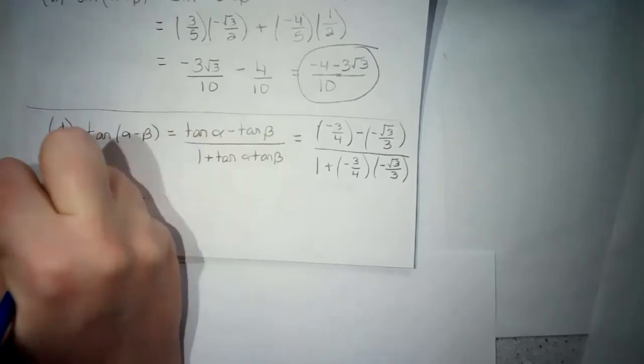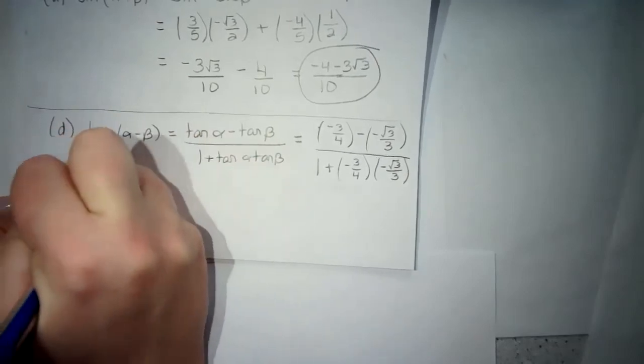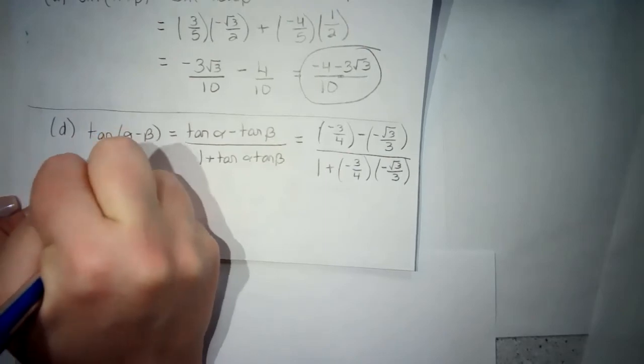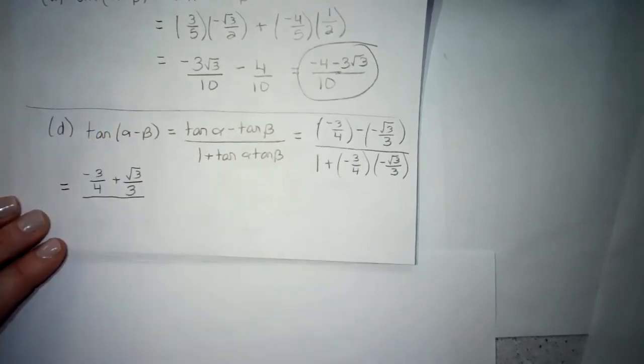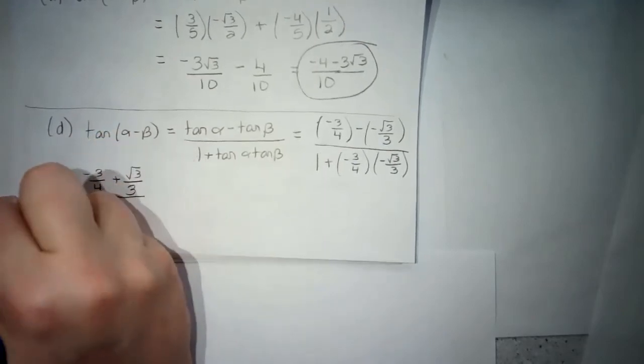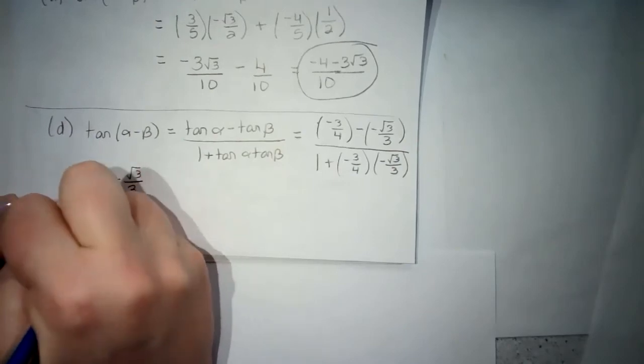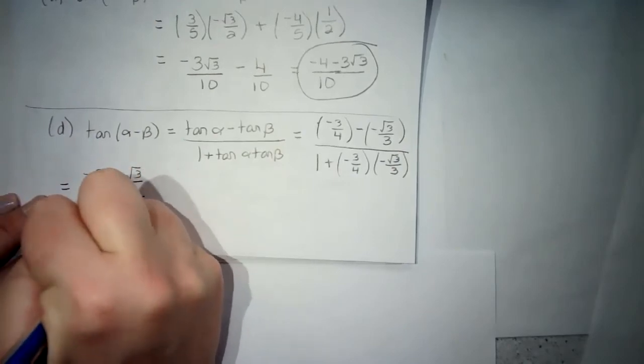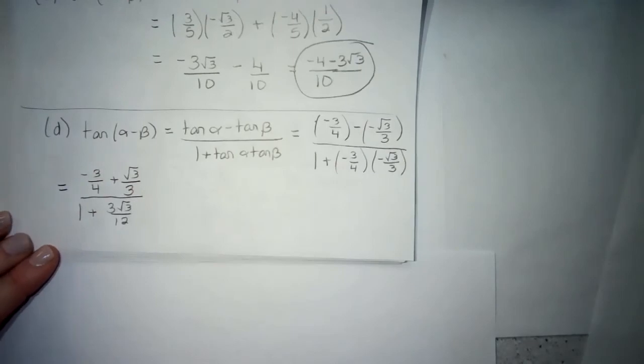So in the top, I'm going to have negative 3/4 plus root of 3 over 3. In the bottom, I'm going to have 1 plus 3 root of 3 over 12. Okay. Everybody all right there?